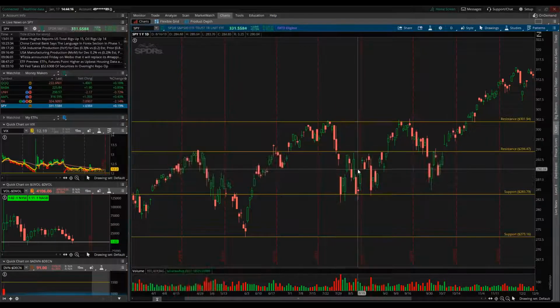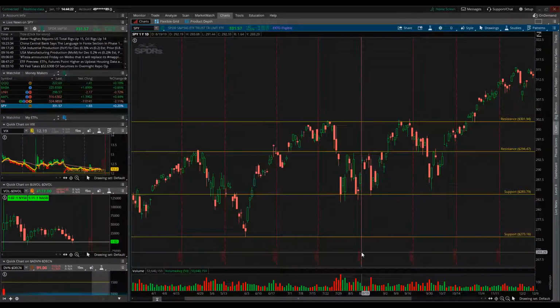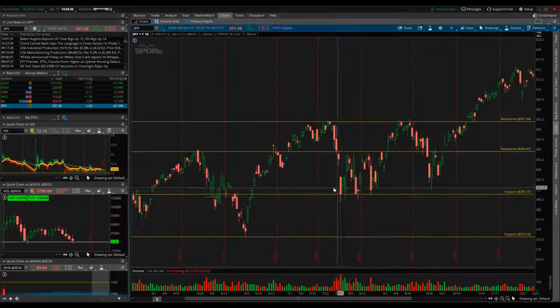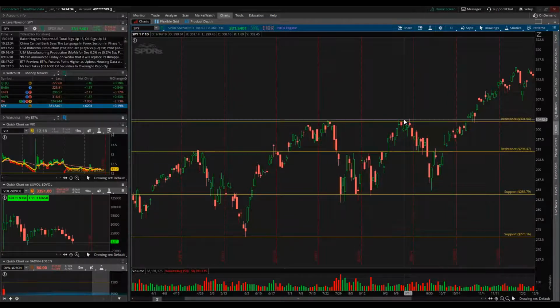And before, I only had it zoomed in to about this area, right up until 8/16 of 2019. But as we see, this support level, once this started to hold, price wanted to go back up. Where did it go back up to?